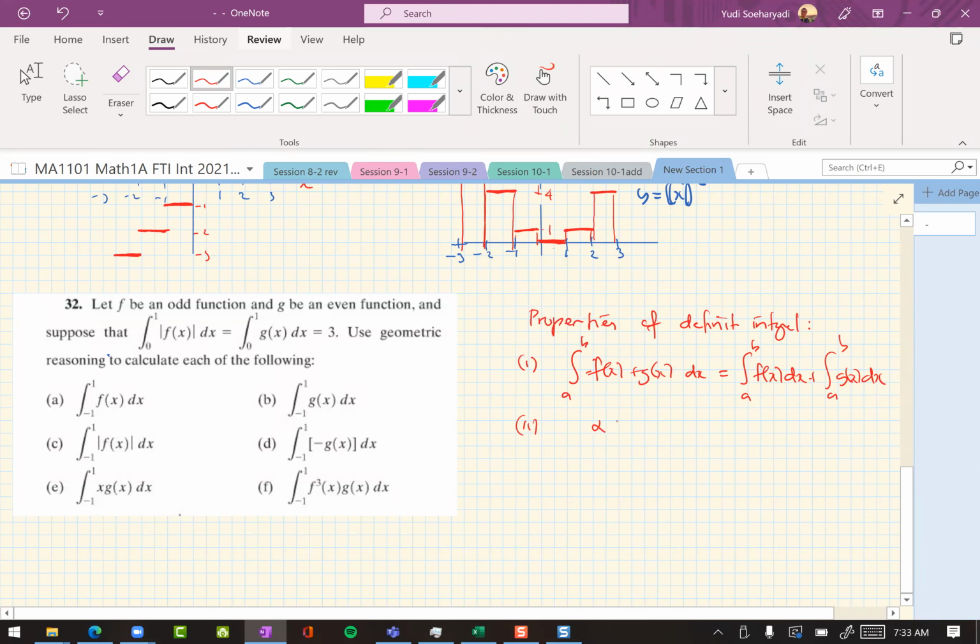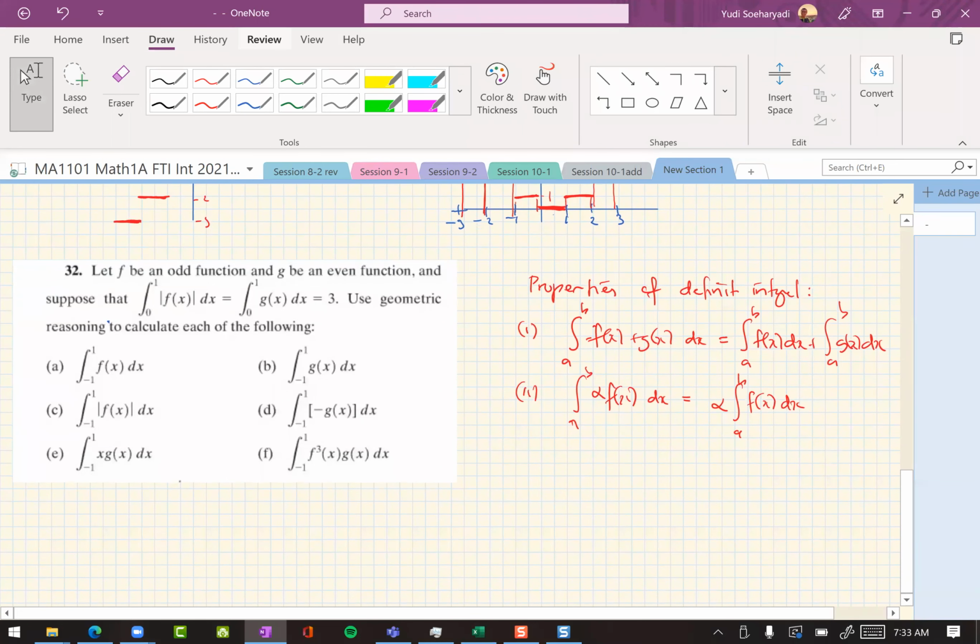And if you multiply f first and then integrate, that's the same as computing the integral and then taking the scalar, the coefficient, out. This is called linearity.